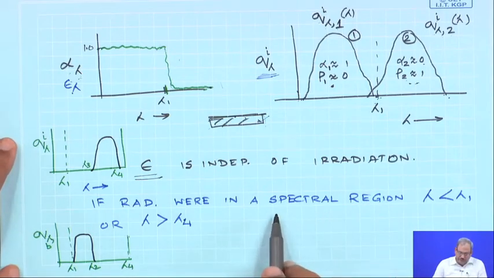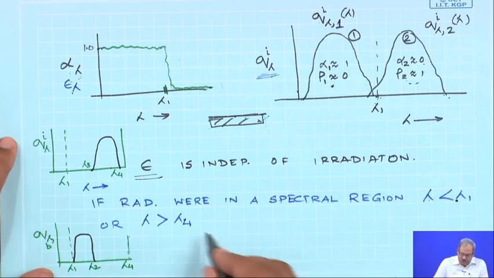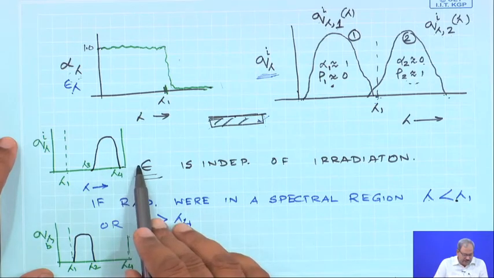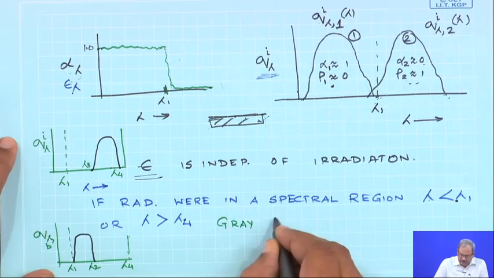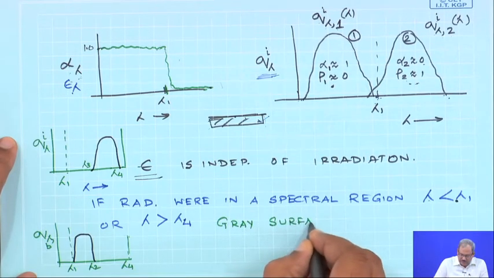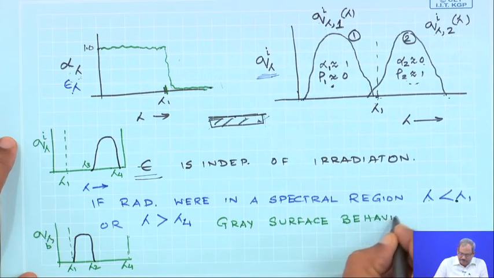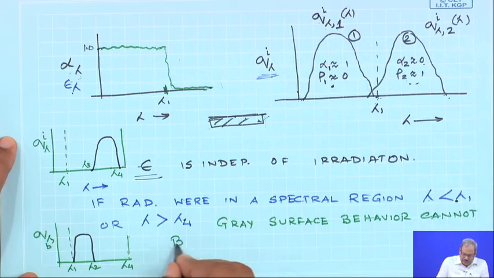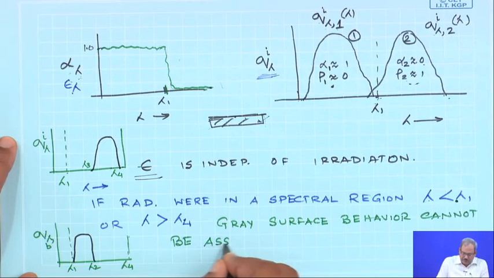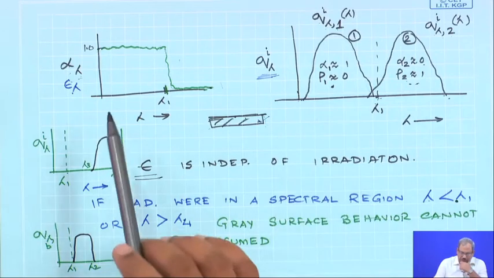So, if the radiation is in a spectral region lambda less than lambda 1 or lambda greater than lambda 4, gray surface behavior cannot be assumed. I will go through these figures once again.